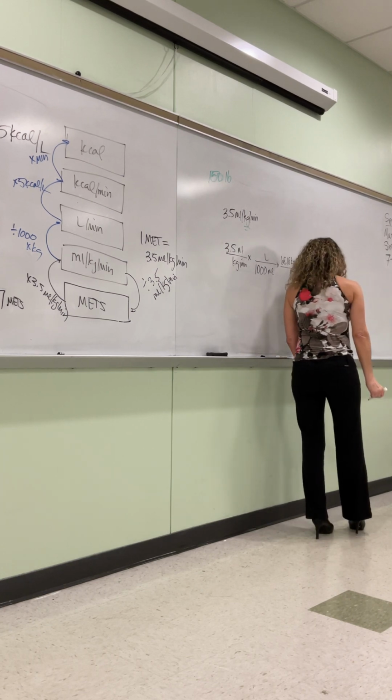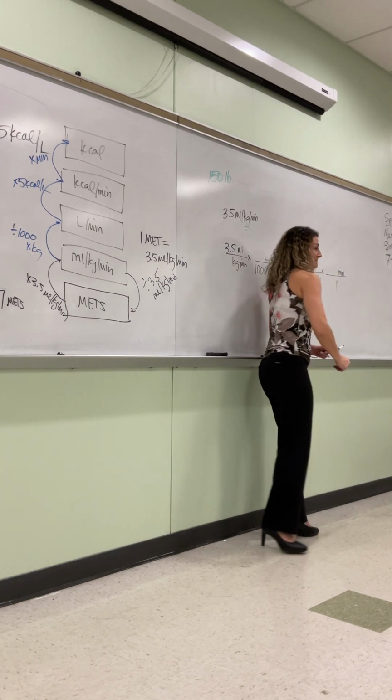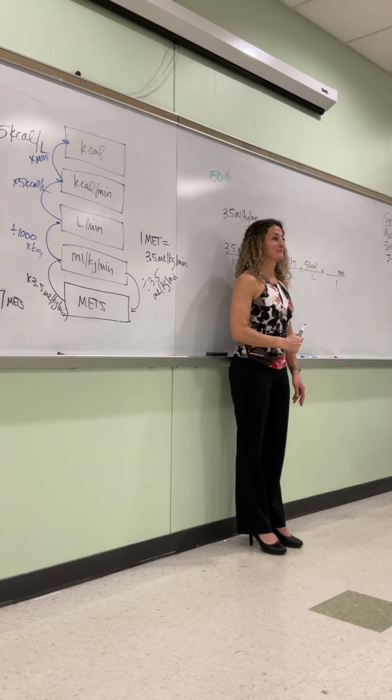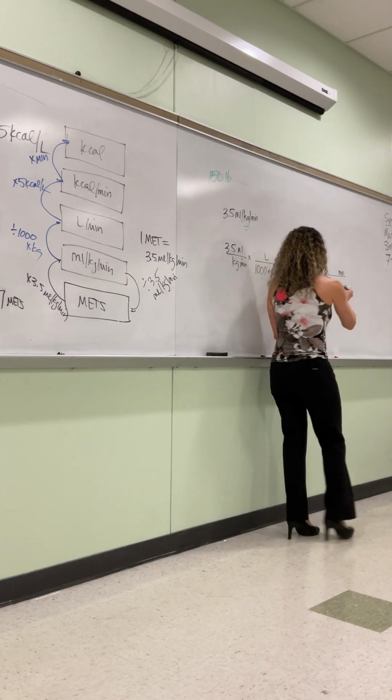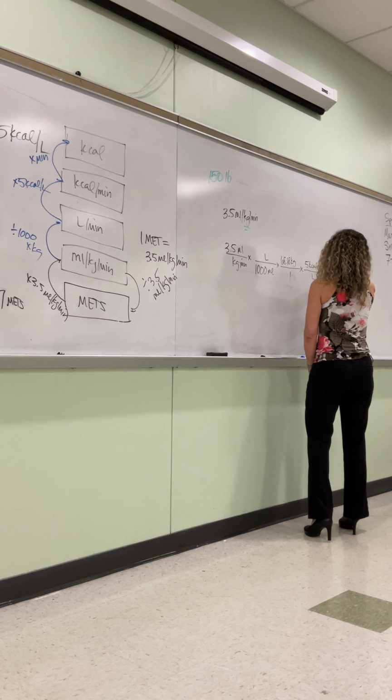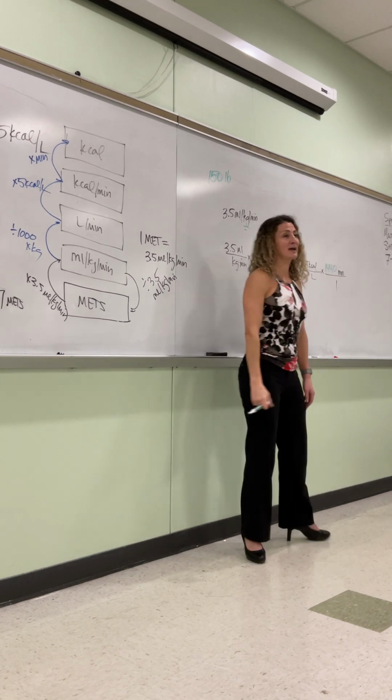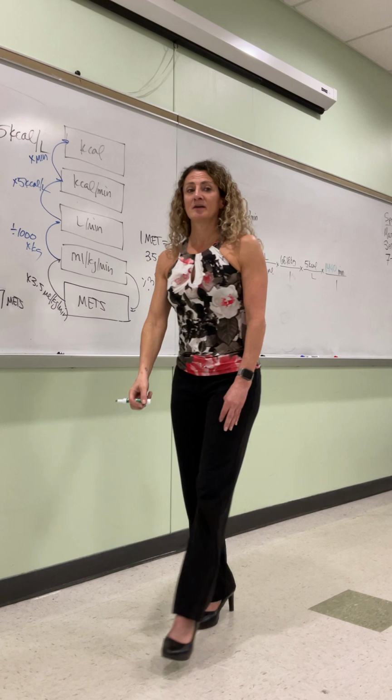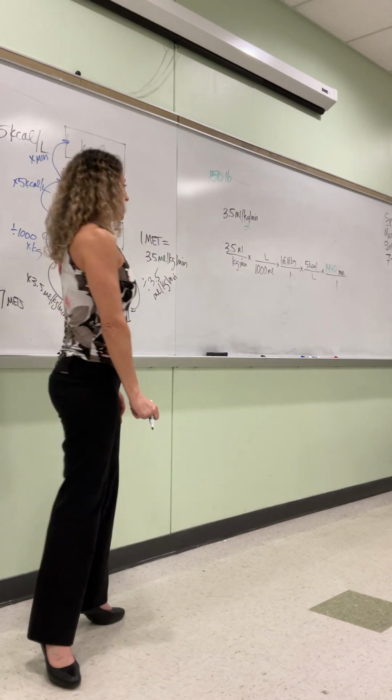Anybody figure out what to put there? 1440. How'd you figure that out? You multiply 24 hours by 60 minutes. Yep. 60 minutes in an hour, 24 hours in a day, 1,440 minutes in a day.